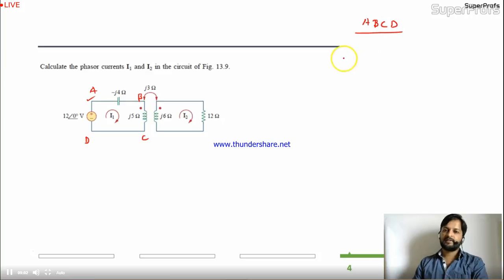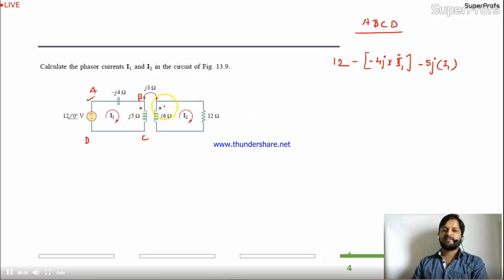In the mesh analysis, I'm getting the battery 12 with positive sign. Then minus 4J, this minus sign is outside, multiplied with capital I1. Here you are getting minus 5J, minus is the drop, and the current is I1.